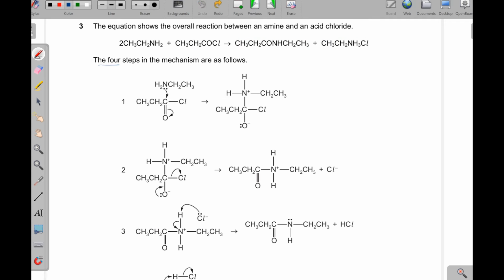Now, they're saying the 4 steps in the mechanism are as follows. Here they give them to us here. So this one donates. The nitrogen here has a lone pair, so it donates. Remember, this oxygen here has to be partially negative, then carbon partially positive, because oxygen is more electronegative. So it tends to pull the bonding electrons towards itself.